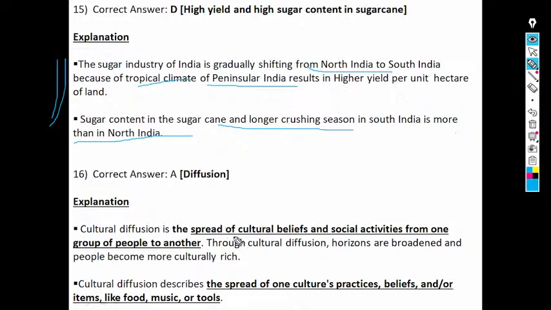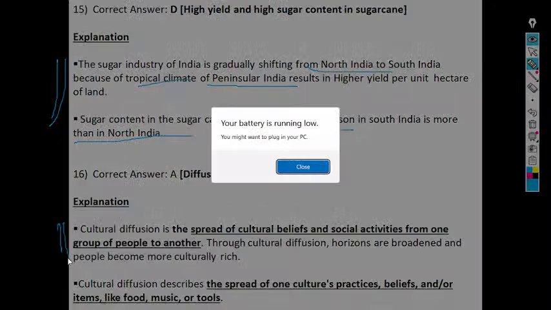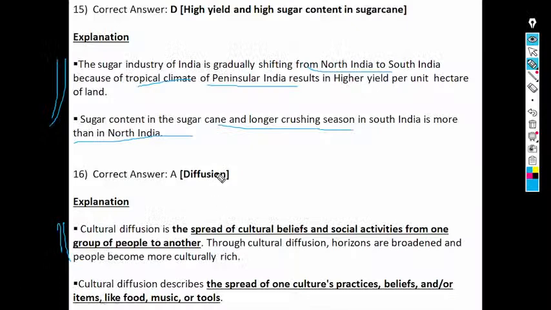Cultural diffusion is the spread of cultural beliefs and social activities from one group to another.